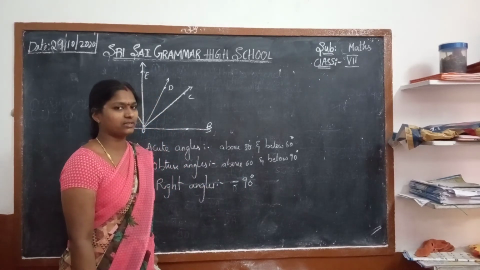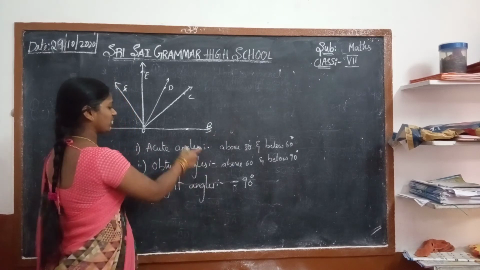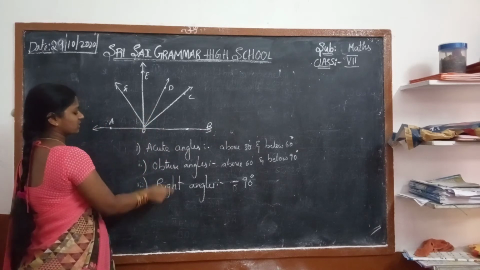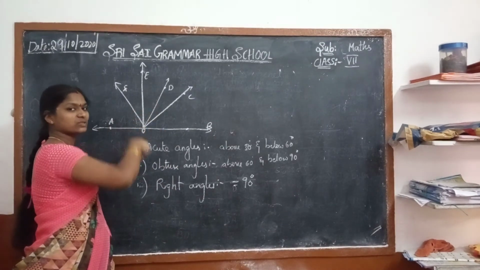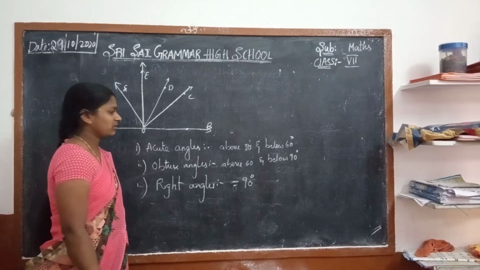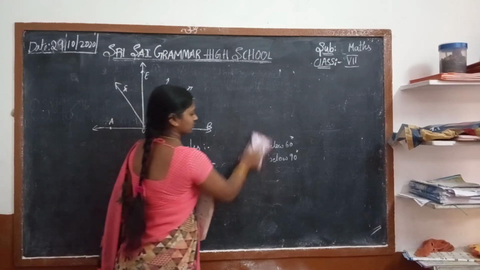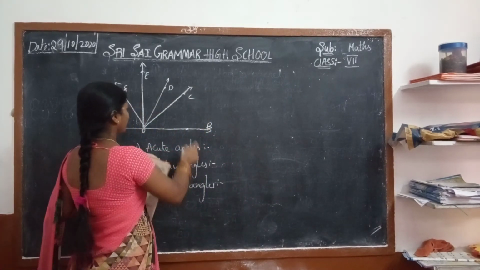right angle. Now we are going to write how many right angles can be seen in this figure, and we are going to mention the angles also. How many?